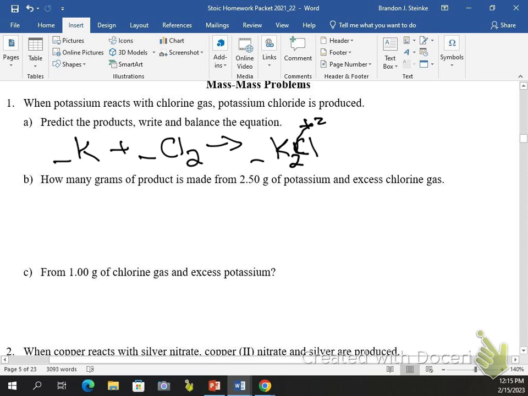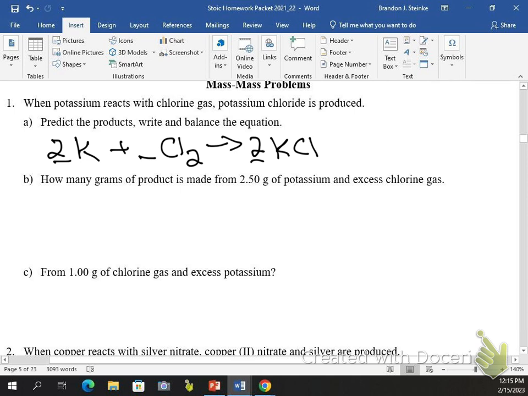Both of those are the wrong way of thinking. Okay? It should be KCl. +1 for K, -1 for chlorine. Now you need to balance.